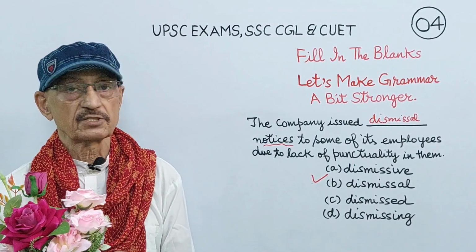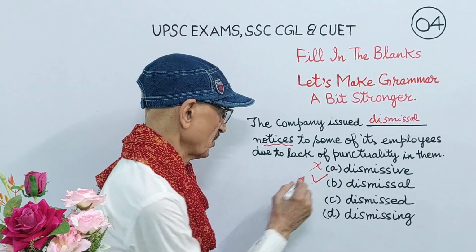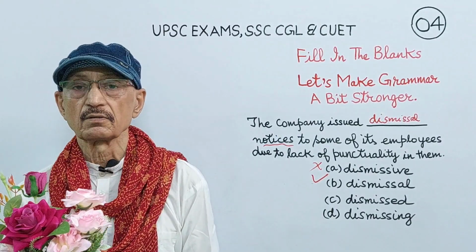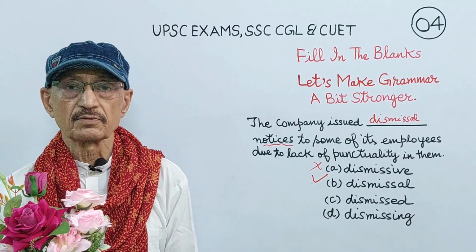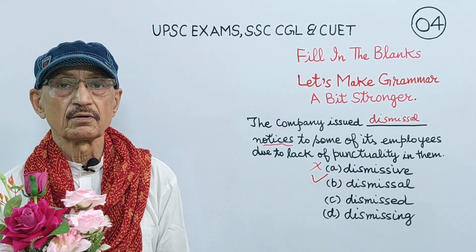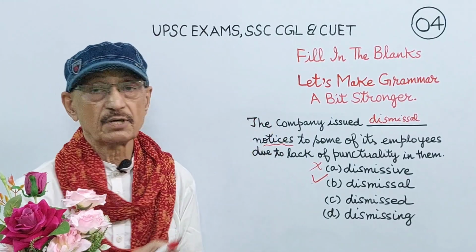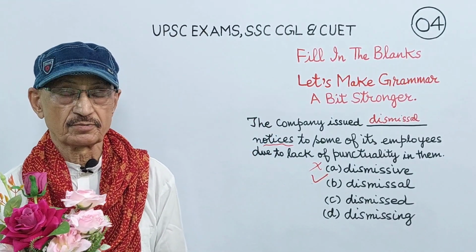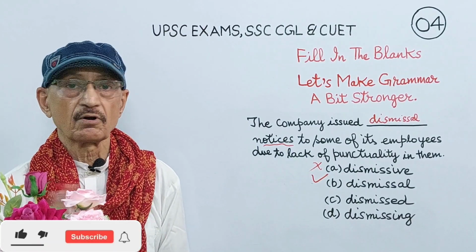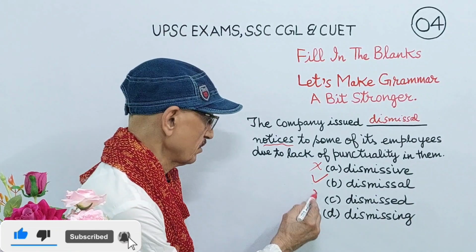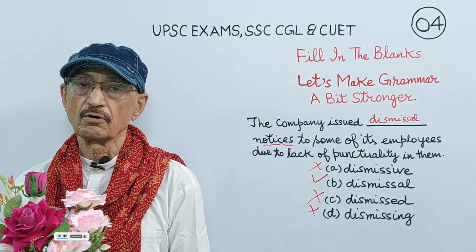This is also an adjective, but this is wrong. Dismissed and dismissing will not give any correct meaning. If we take them here, they will function as non-finites. Even then, they will not give correct meaning to this sentence. That is why they are also wrong.